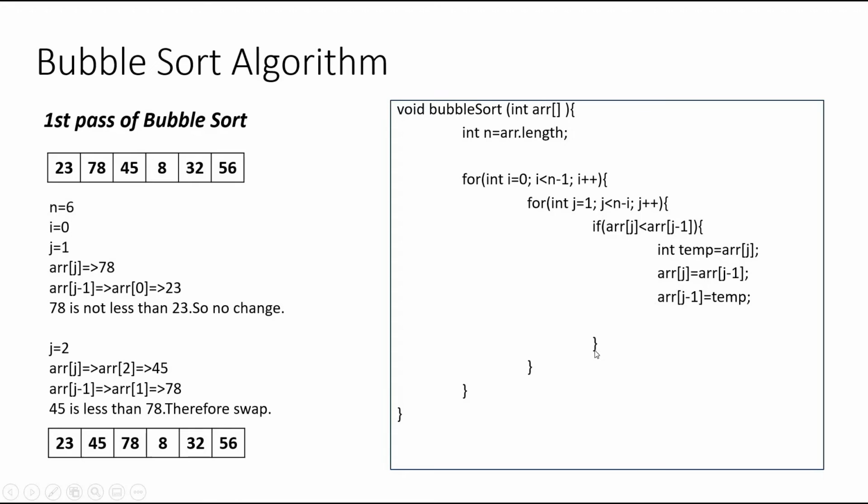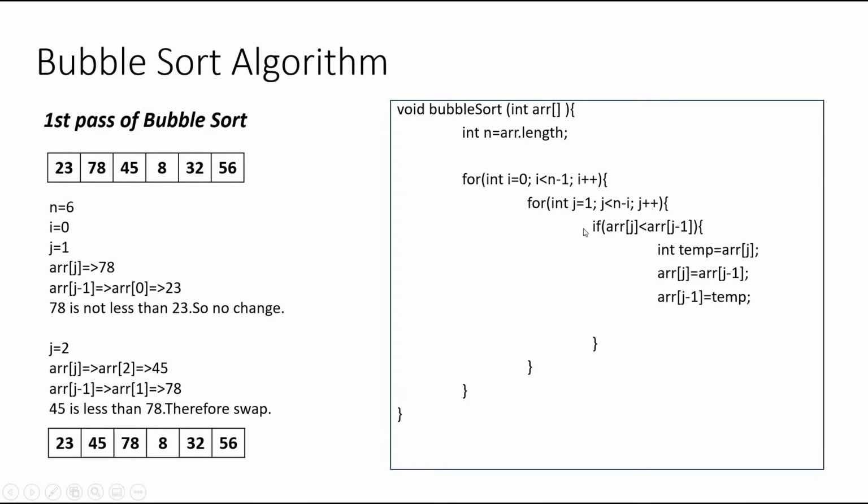Okay. Then this if part will not work and it comes again to the inner for loop and j will be increased by 1. Now j is 2. This condition is also correct because j is 2, which is less than 6.